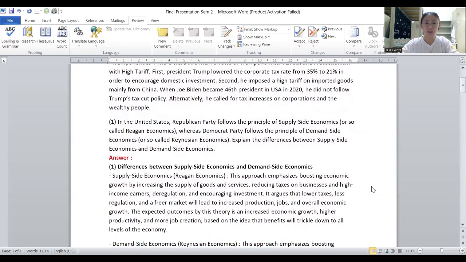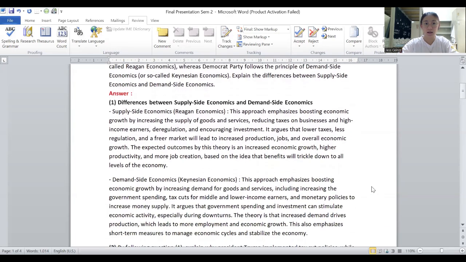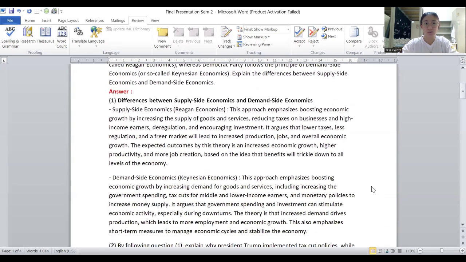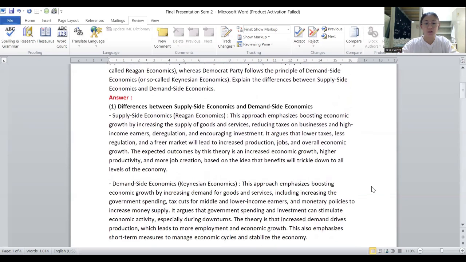So here I write the answers for that. Let's take a look. So the supply-side economics or Reagan economics approach emphasizes boosting economic growth by increasing the supply of goods and services, reducing taxes on businesses and high income earners, deregulation, and encouraging investment.